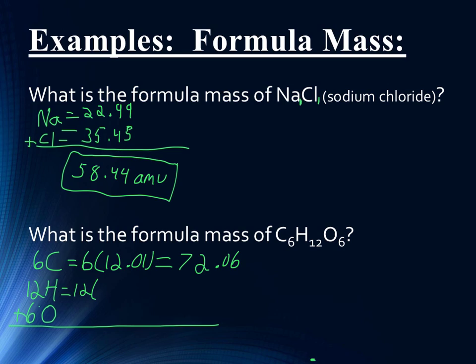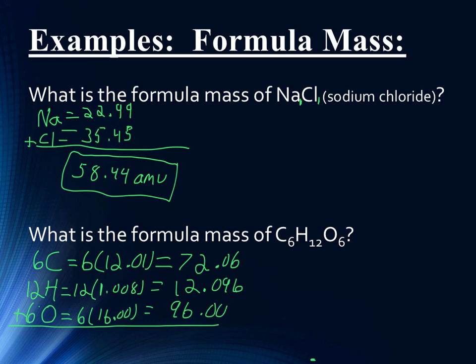Very first element, upper left corner, 1.008 is what we got there for the hydrogen. And that is 12.096. And 6 oxygens is 6 times the mass of element number 8, oxygen. Its mass is 16.00, which is 96.00.